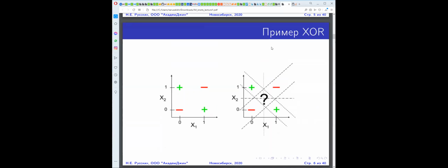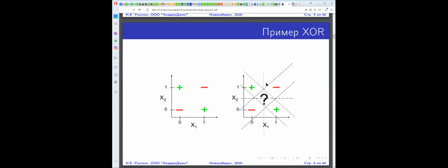It takes two binary inputs, and if they're not equal, it outputs positive. And if they're equal, both true or both false, the output is false.